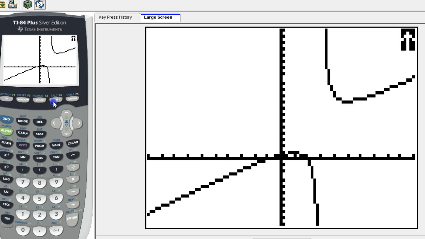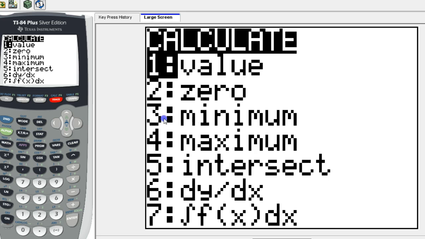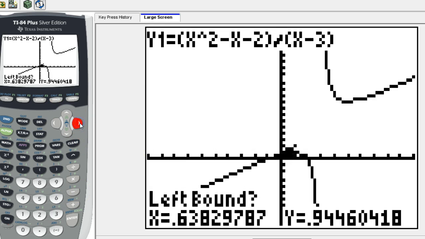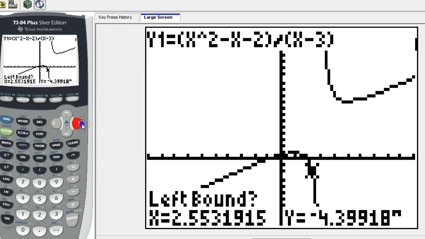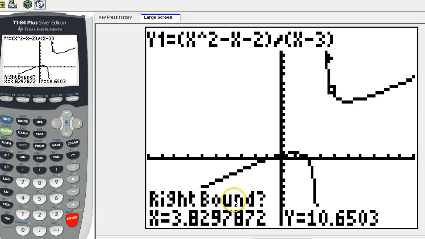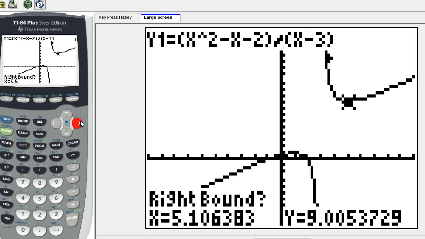So again, second trace, minimum this time. I'm just going to right arrow until I get over there. And there I am. So it's asking me for the left bound. I see that the minimum is about here, so I want to make sure I stay to the left of it, and I hit enter. Then it's asking for a right bound, so I'm going to scoot over to the right of it and hit enter.